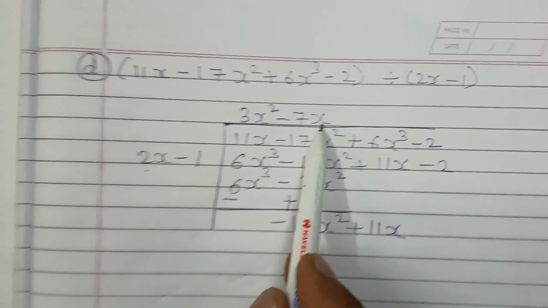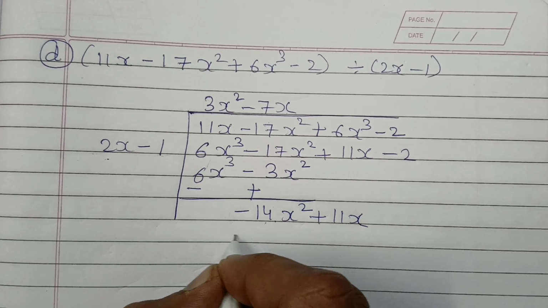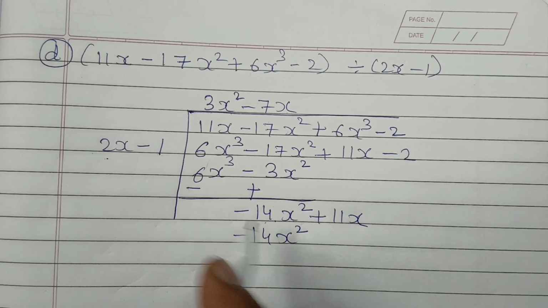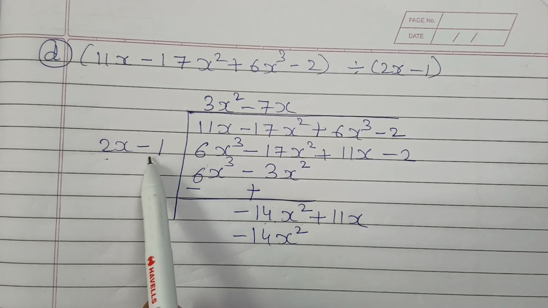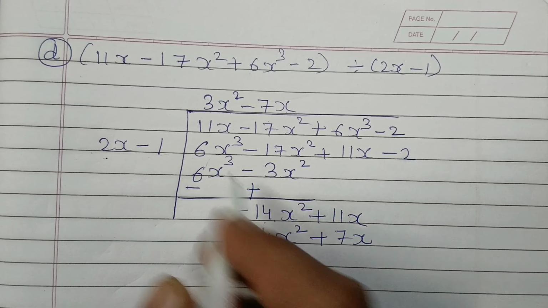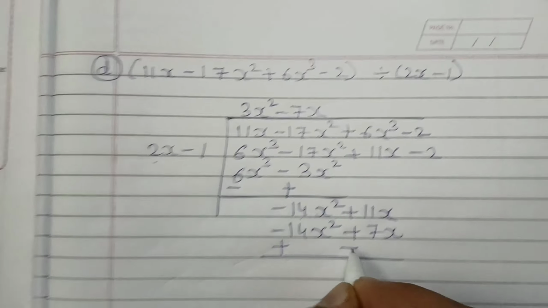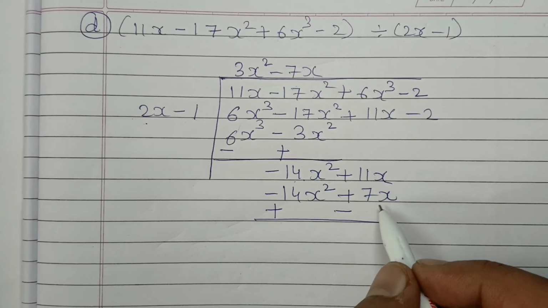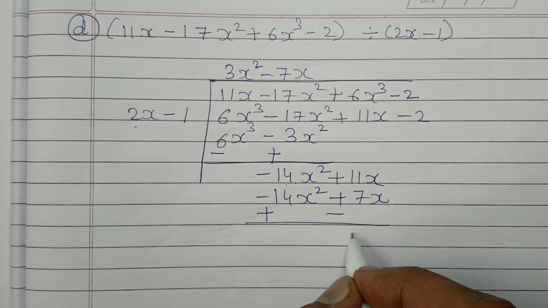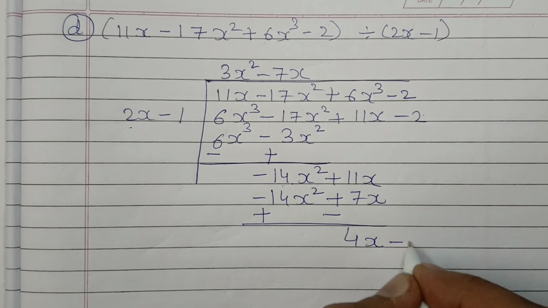If I multiply minus 7x with 2x, 7 2s are 14 and x square, minus 14x square. And if I multiply minus 7x into minus 1, I'll get plus 7x, because minus minus is plus. This will cut, and here the remaining will be 4x, and minus 2 will come down.